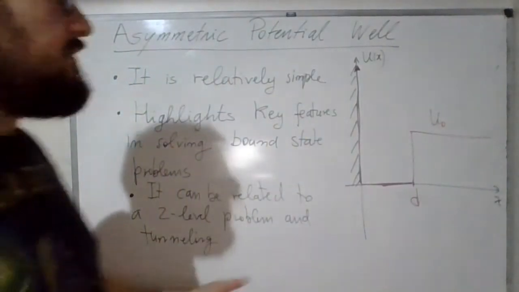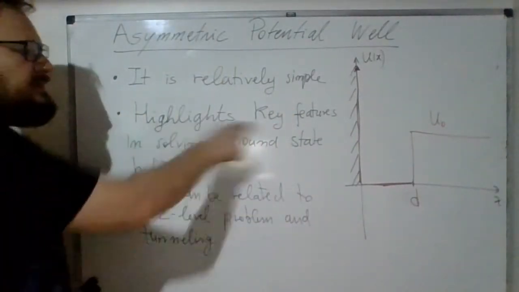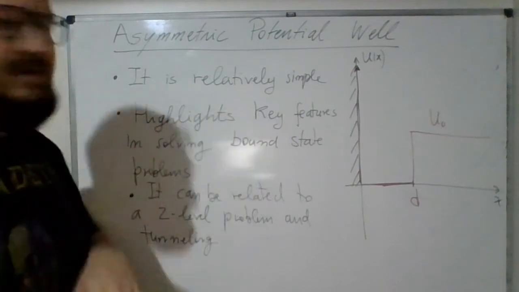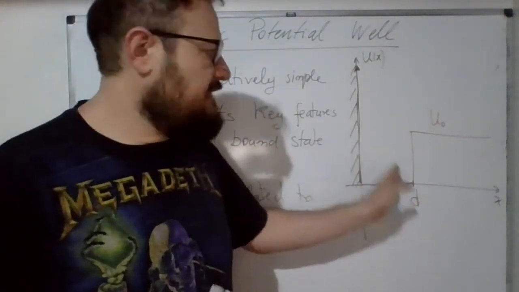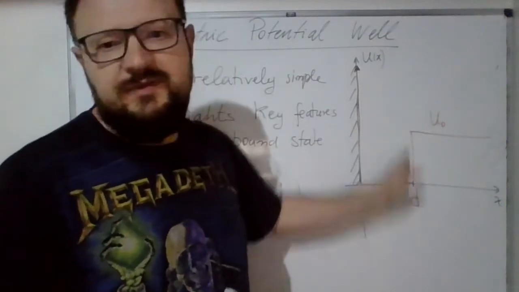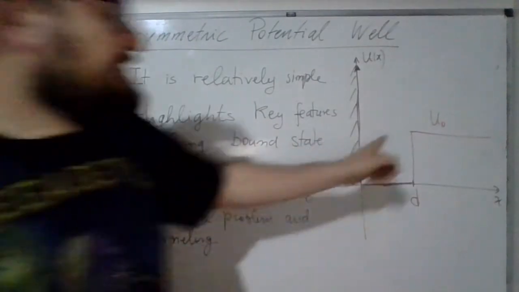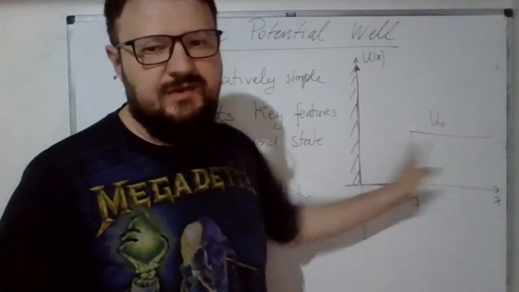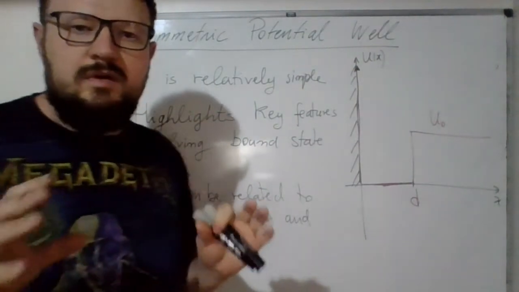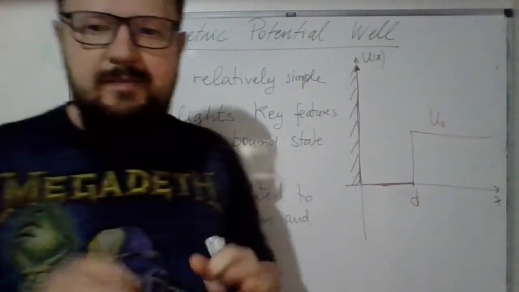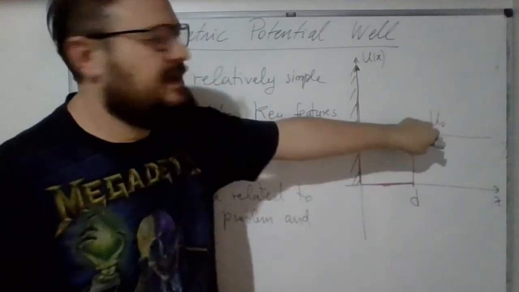We will consider just one dimension, but it highlights some key features when solving bound state problems, especially when you have an abrupt transition in the potential, and you need to match wave functions in distinct regions of the problem. It is a more simplistic problem than the symmetric well with finite potential.